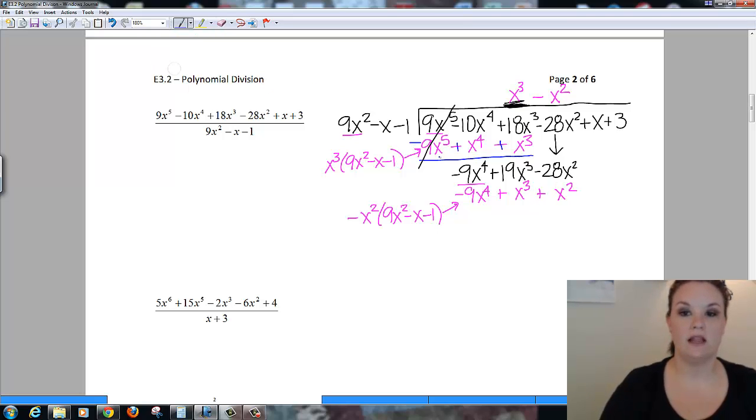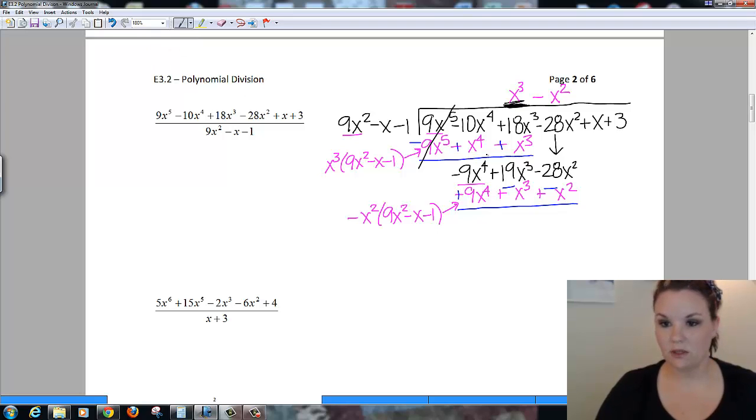Again, I draw my line, change my signs, this becomes positive, negative, negative, and then I combine down. So my 9x to the fourth cancel, and I'm left with 18x cubed minus 29x squared. Oh, I'm sorry, 29, because they're both negative.